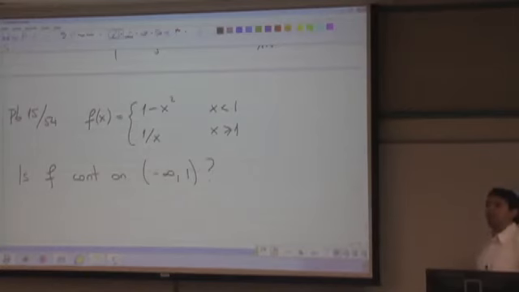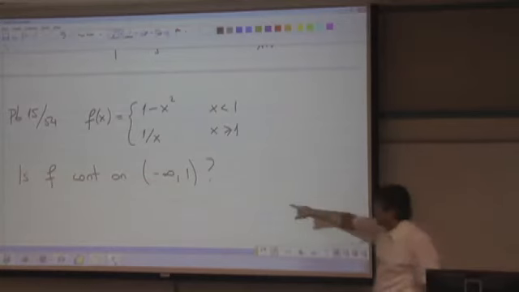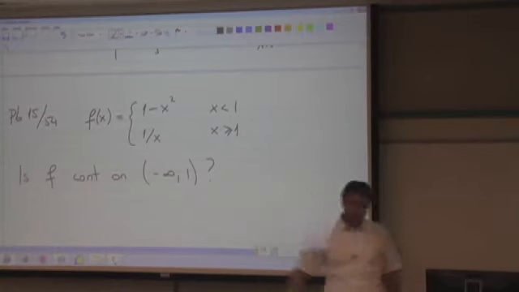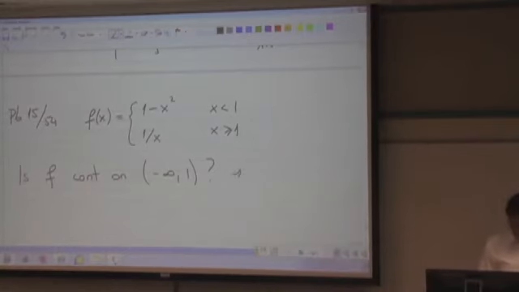Yes, there's no 0. I said on the interval minus infinity to 1. On this interval, f of x is 1 minus x squared. Right? Yes?